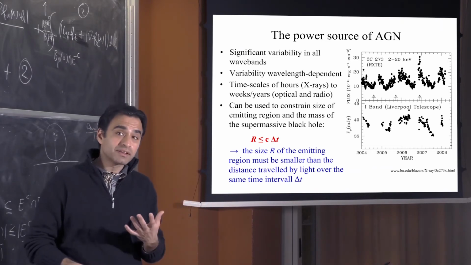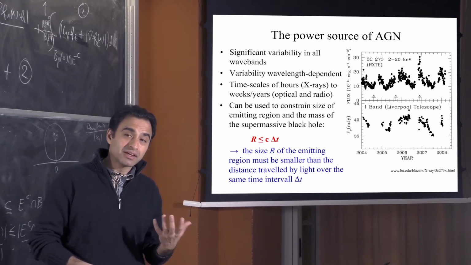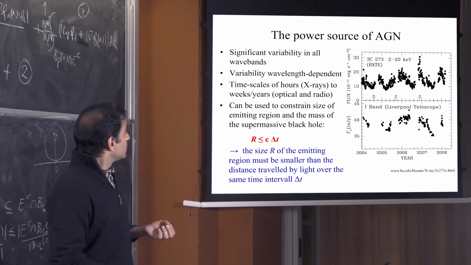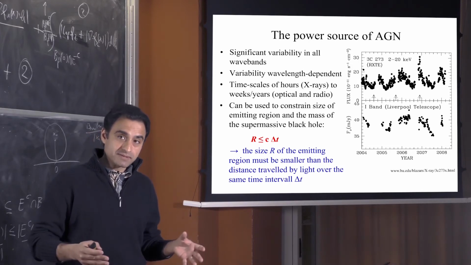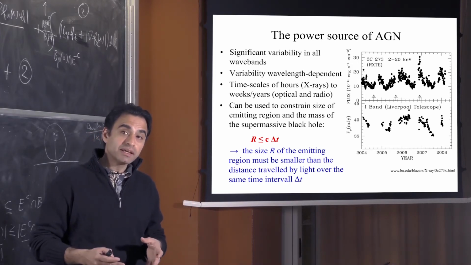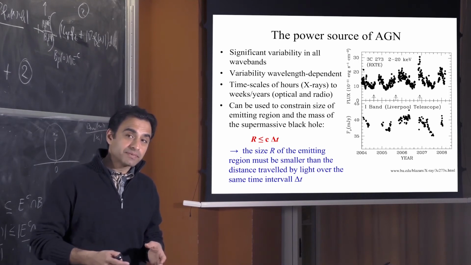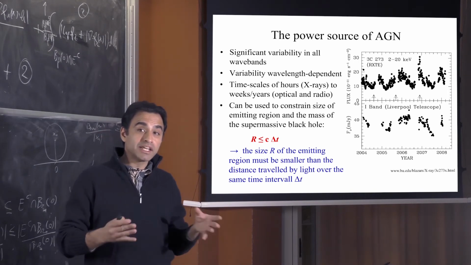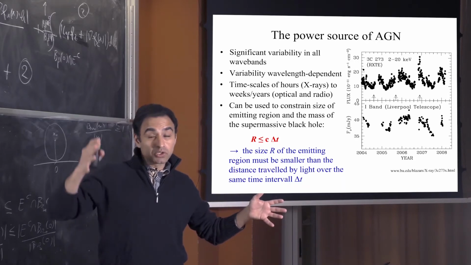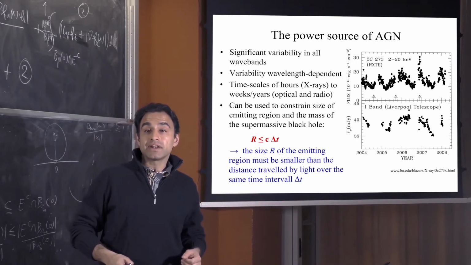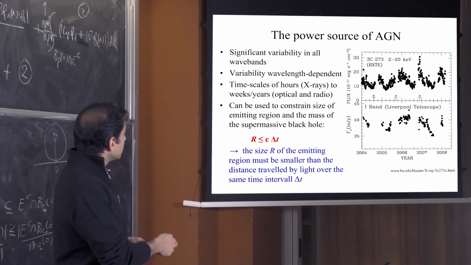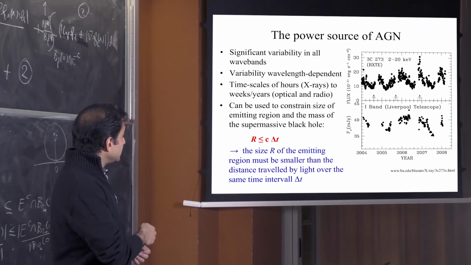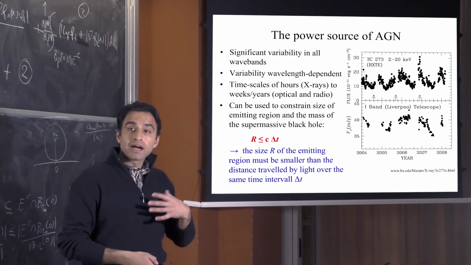Why is this relevant towards our understanding of the central engine? Well, this variability has been observed in all wavelengths, especially in X-rays. As I told you before, an AGN emits at all wavelengths, so it also emits at very large energies in X-rays and gamma rays. In X-rays, people have seen that the time scale of variability is hours.